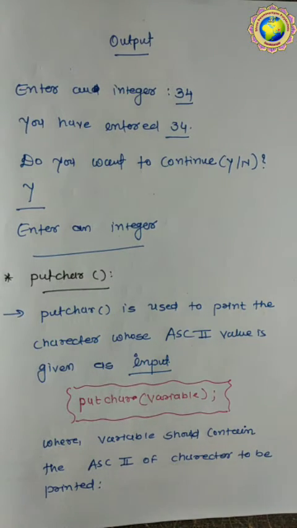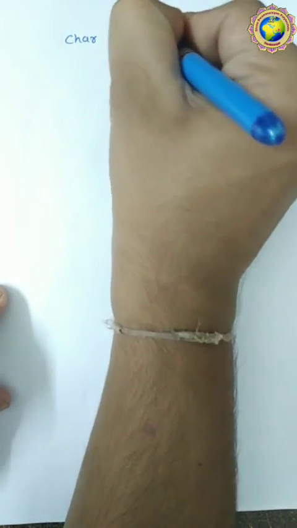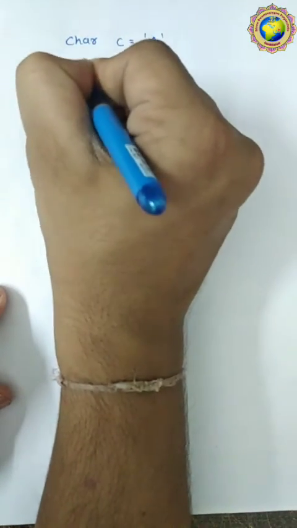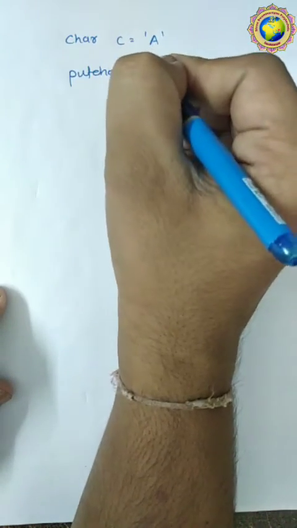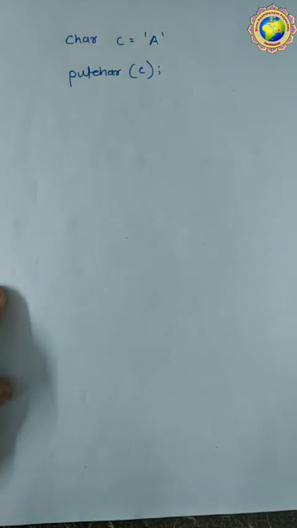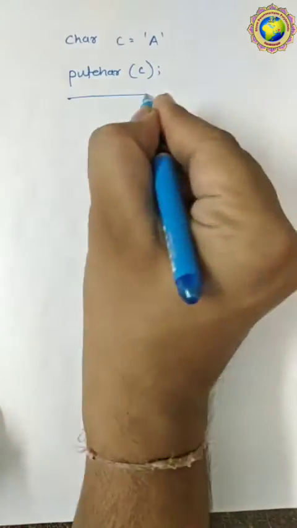Let's understand it with an example. Here I declare char c is equal to A. Then putchar c. In this case the character A will be printed as an output. So this is the example.